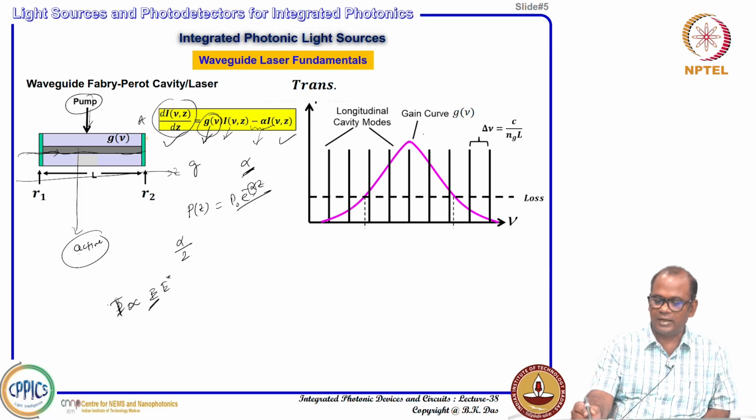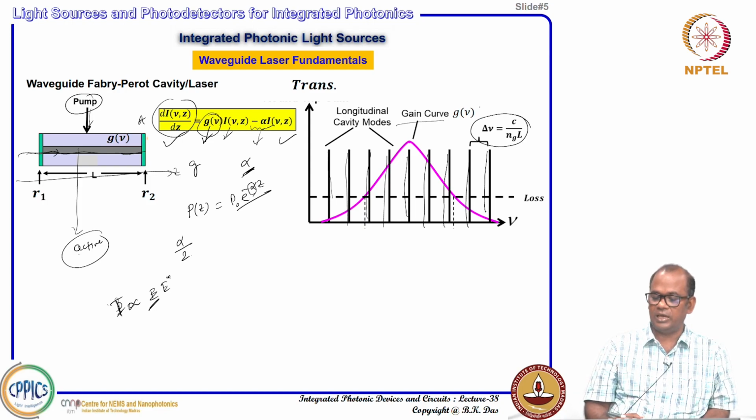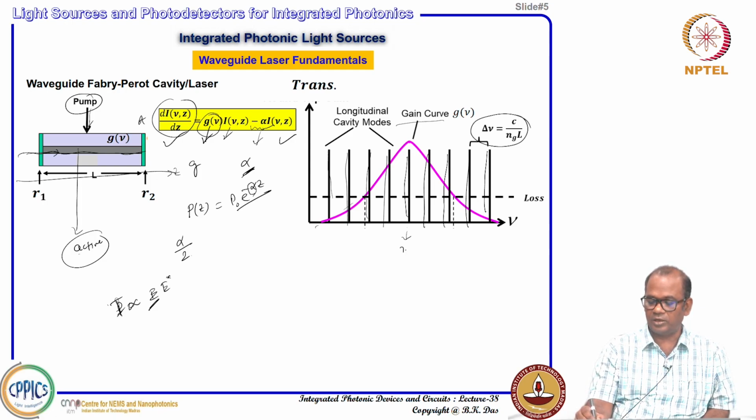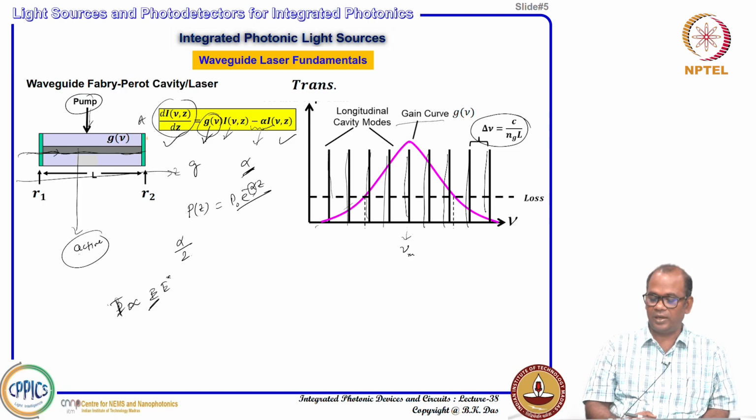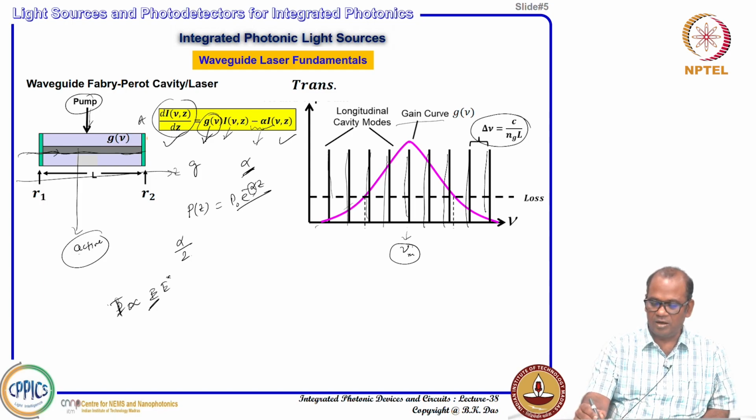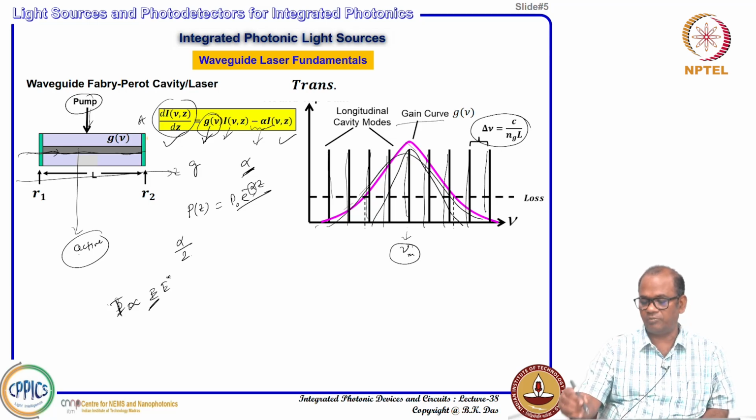So, here it is shown, the gain curve. These are the longitudinal frequencies of the cavity we have shown earlier in the previous slide, and their separation delta nu is equal to c by N G L as we have given, and this is the gain curve. Suppose this is your nu M, for example, as shown earlier. We are considering that this gain material is such that it is giving maximum gain around the mth resonance frequency, and it may be Gaussian type or it can be a different type of shape, something like this also.